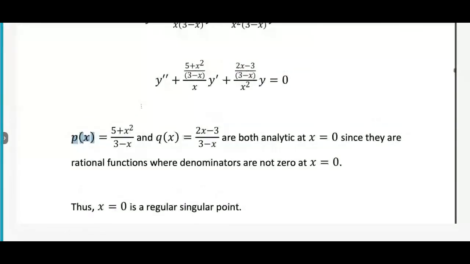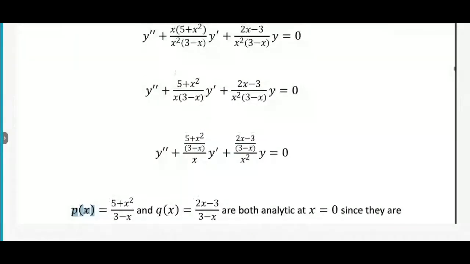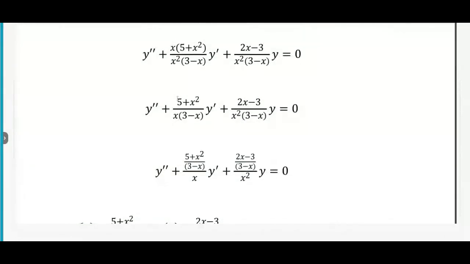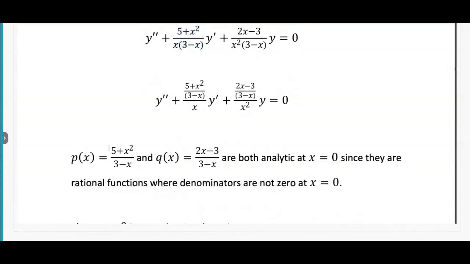Then we multiply by x, right? This can be simplified, since x is a common factor of the numerator and denominator. Now we multiply x with this capital P, so we get 5 plus x squared over 3 minus x. So 0 is in the domain of this lowercase p.